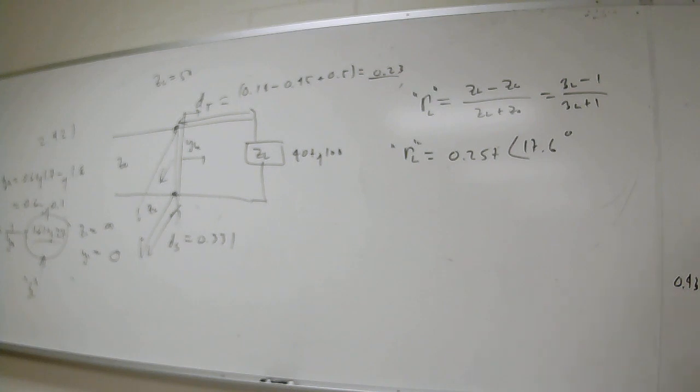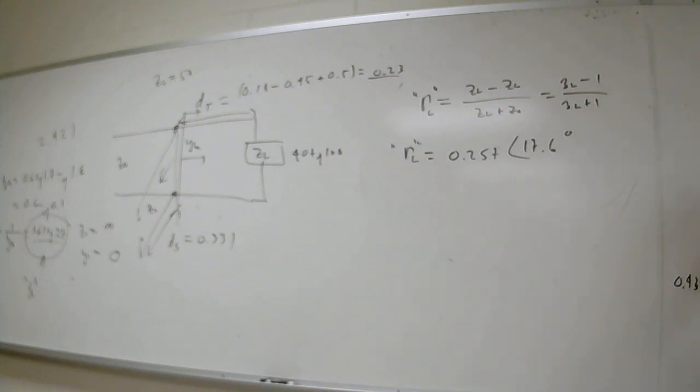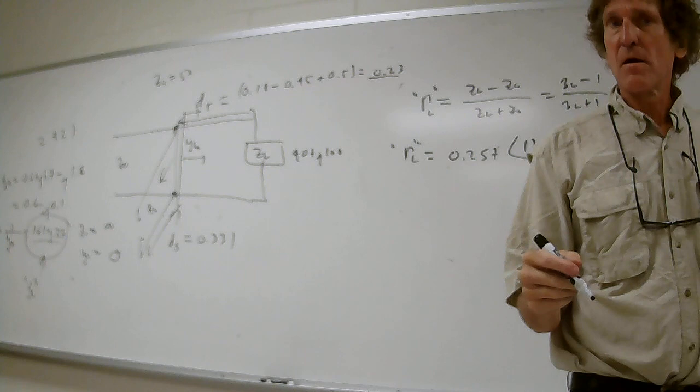If we go 1.62 plus j0.27, I'm going to say it's about here. Take a look. Can y'all find that in your Smith chart? It's close enough. Y'all with me?